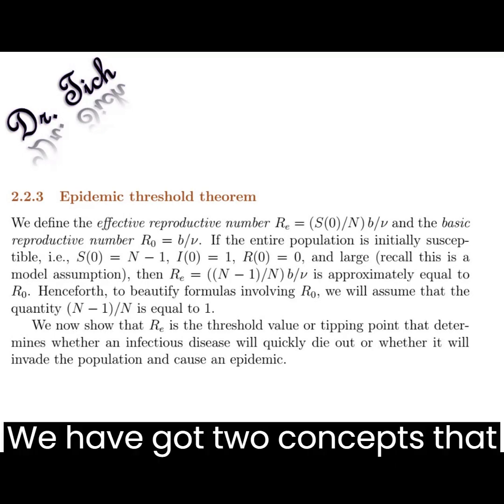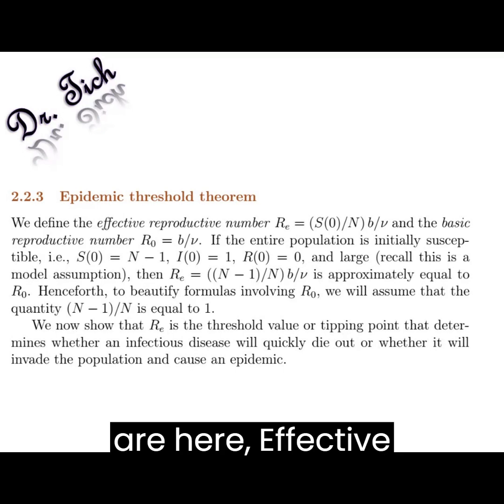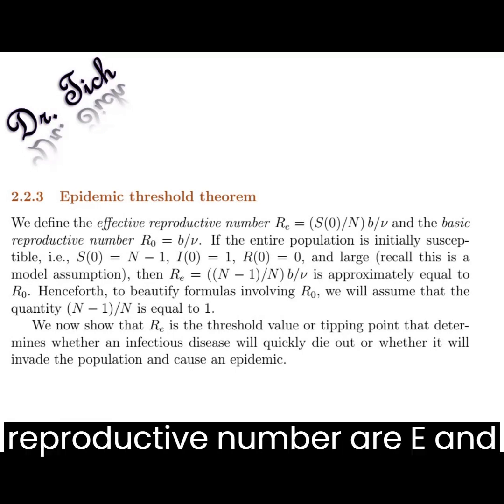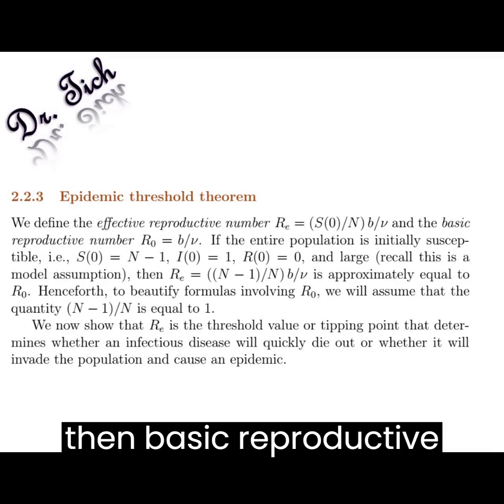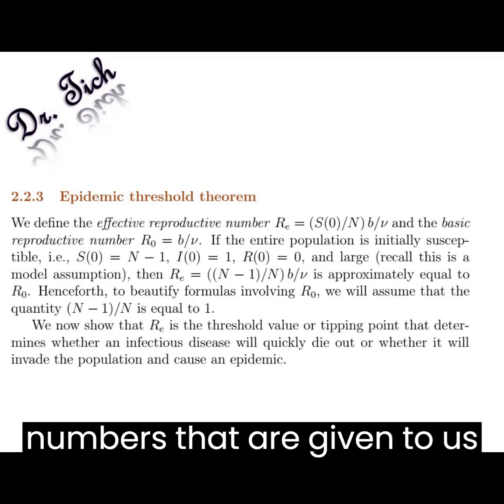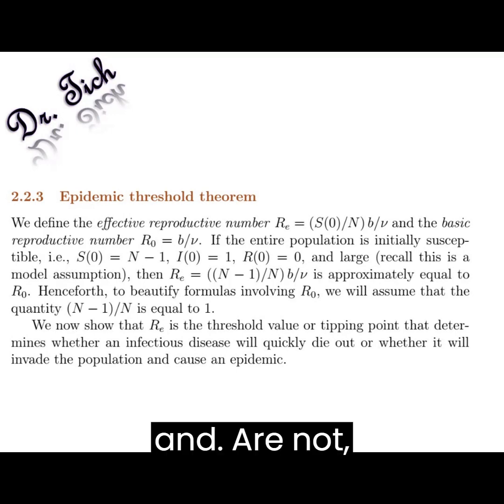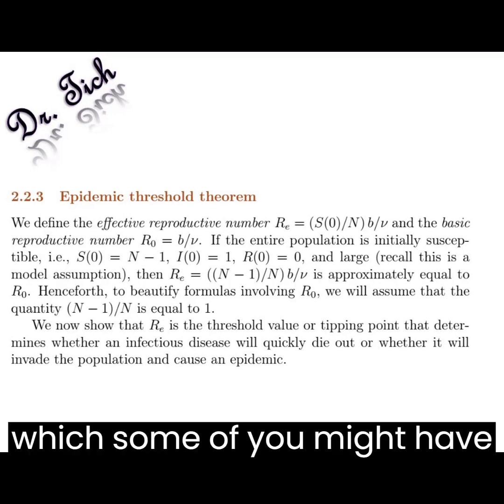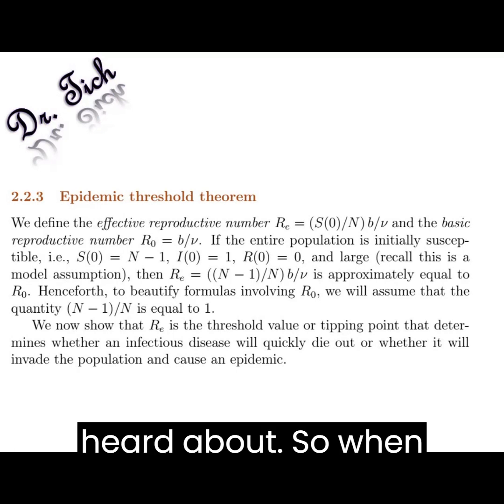So, what do we have? We have got two concepts: the effective reproductive number, RE, and the basic reproductive number. So we've got two numbers that some of you might have heard about.